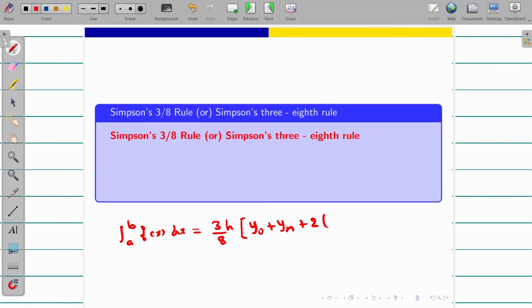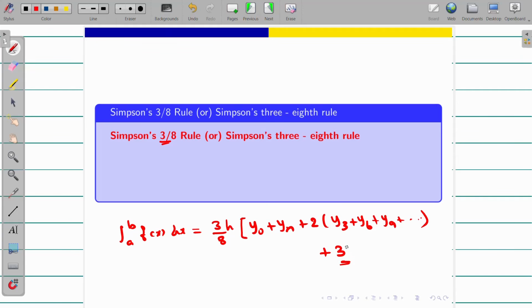You can treat Simpson one-third as multiple of 2. Simpson 3/8 has 3/8 in the statement itself: twice of y3 plus y6 plus y9 plus etc. Plus, there we got 4, here it will be 3. That also will be a clue. Simpson 3/8 is there, so it will be 3.